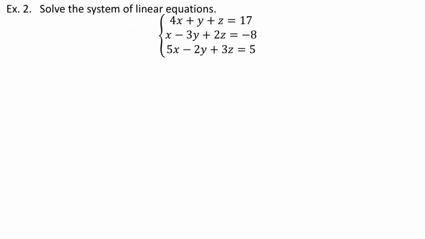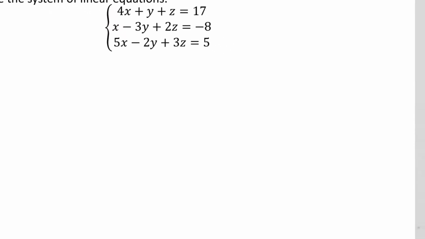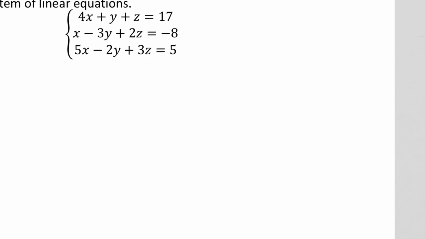I'm going to carry through the same way. I'm going to eliminate one of the variables out of two equations and use those two equations to solve for the other two variables using the elimination method. So I'm going to use the x's again. And remember there's many ways that you could do this. This is just the way that stands out in my mind.